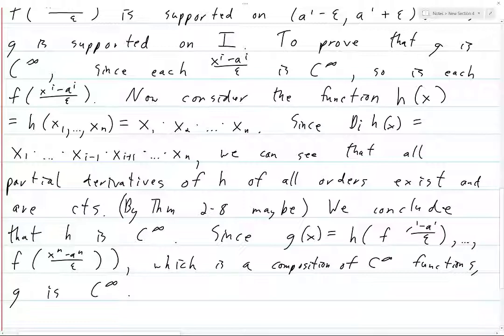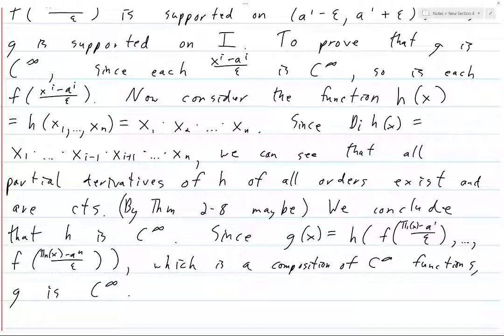Well, what you can do if you really want to be pedantic about it is, instead of writing x_1, you can write pi_1 of x minus a, and then go all the way up to pi_n of x, where pi_i is the projection onto the ith coordinate.